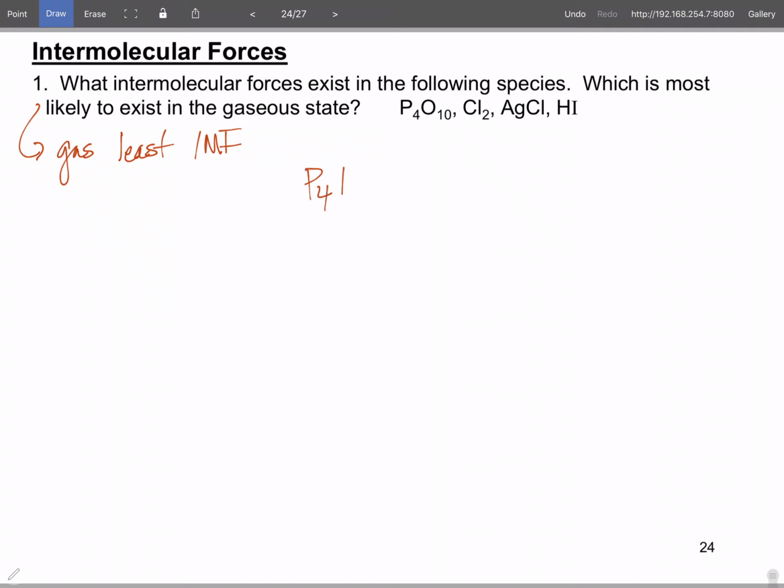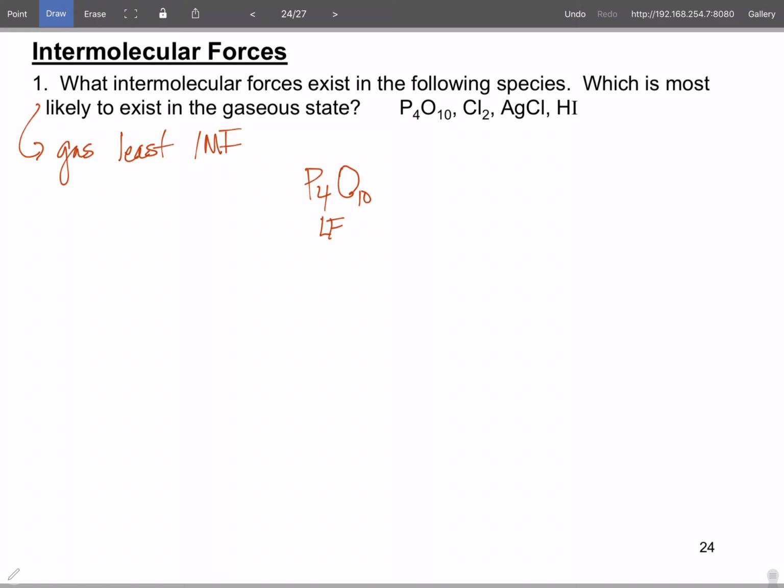So P4O10. So what we have here is a lot of P's and a lot of O's. It is a molecule, so we know we're going to have London forces, and I recommend you start at London forces and work up. Give you a hint, you can't have hydrogen bonding unless you have dipole. So try not to work it the other way.